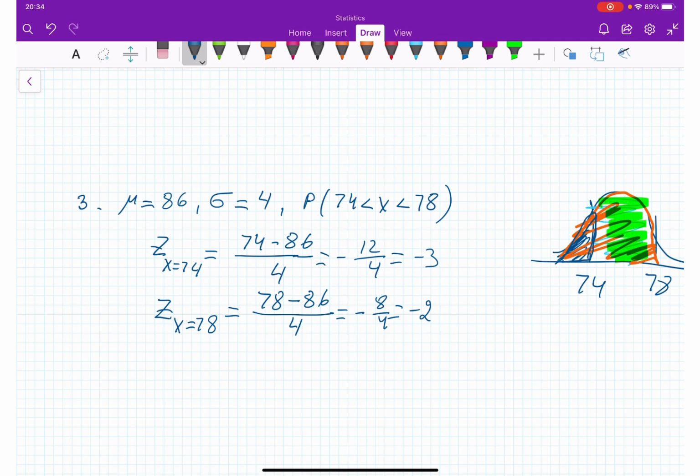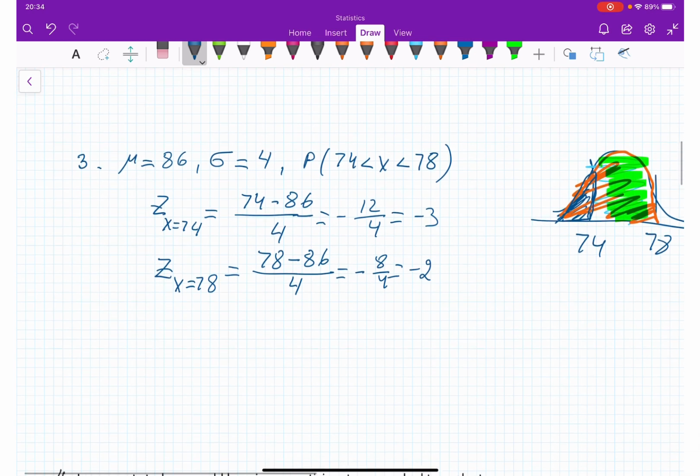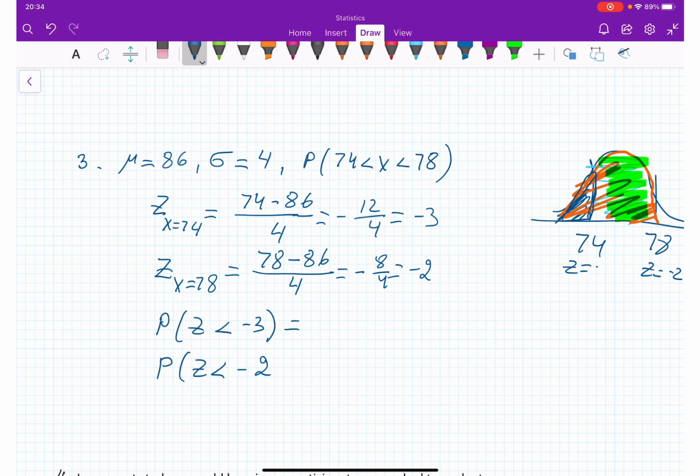All right, once we have both z-scores, now we need to find the probability for z-score less than -3, and then the probability for z-score less than -2. For 78, the z-score is -2, and here the z-score is -3.